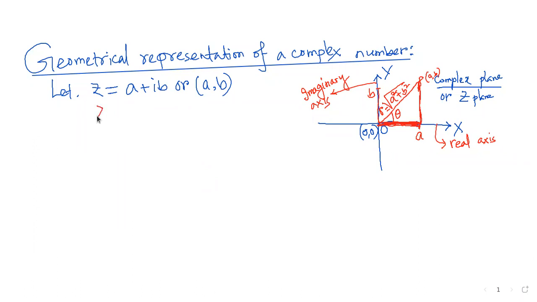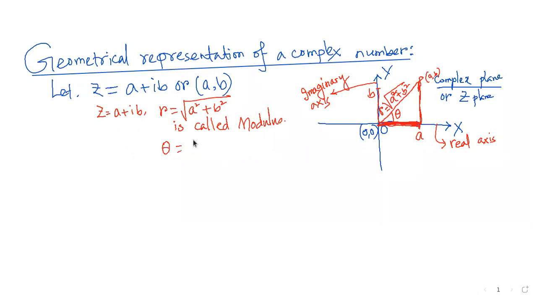If z equal to a plus ib, r equal to what? r equal to root of a square plus b square, which is called the modulus. I think you heard about the modulus. And this is another one, theta.